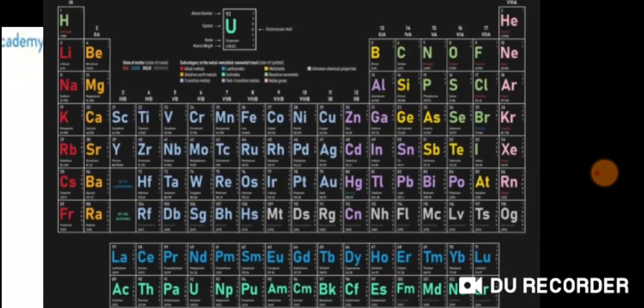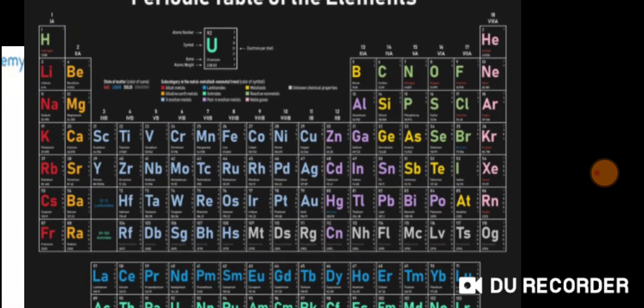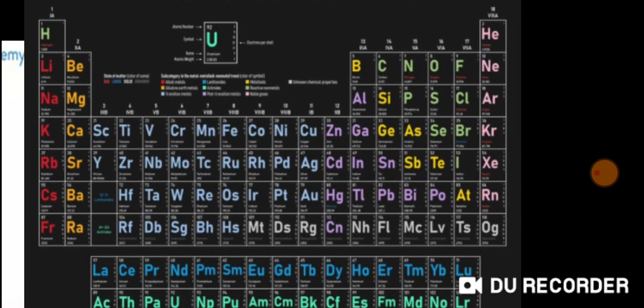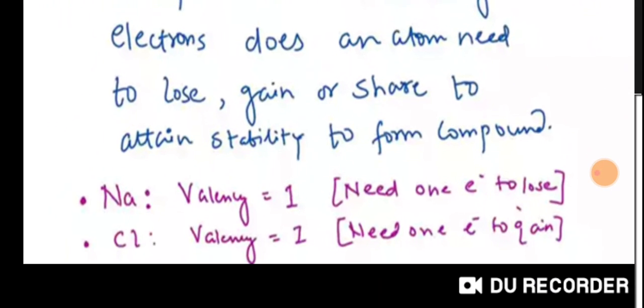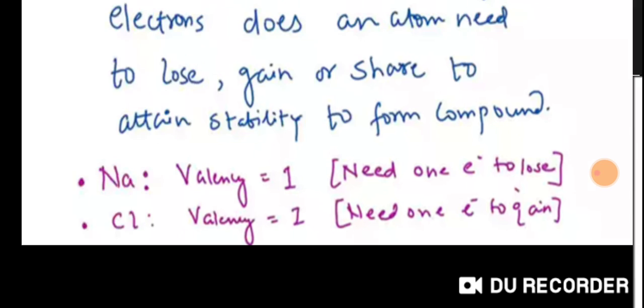Here you can see in the seventh column F, and under F it is Cl, that is chlorine, having a minus charge on it. It has the valency that it can gain only 1 electron to become stable. So this is how they react with each other and sodium chloride is formed.